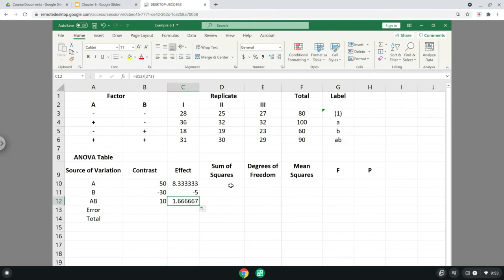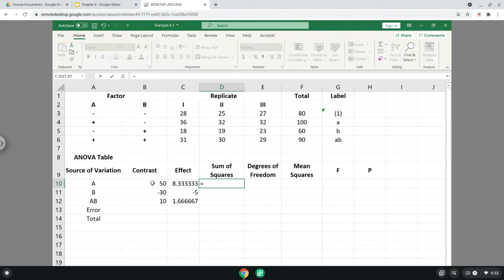Now, how to calculate sum of squares? So sum of squares is basically contrast square divided by 4n. Here, to calculate effect, we divided contrast by 2n. To calculate sum of squares, you take contrast square and divide it by 4n. So let's do that.